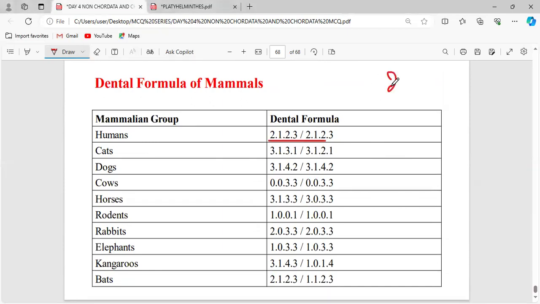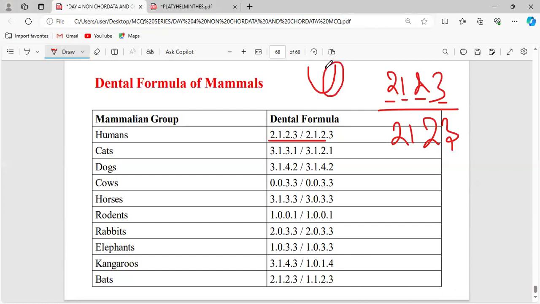Just read this: 2, 1, 2, 3. This is how the format will look. It means two incisors, one canine, two premolars and three molars, and this will be the upper left side.